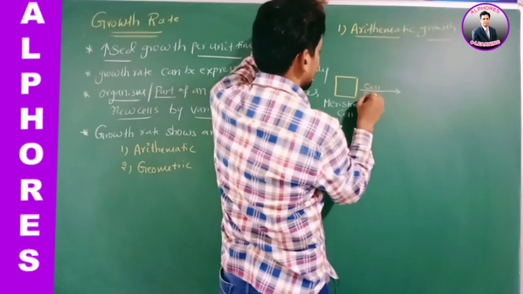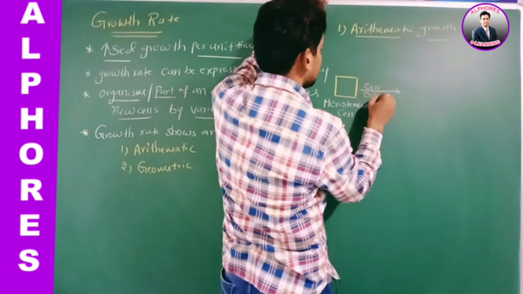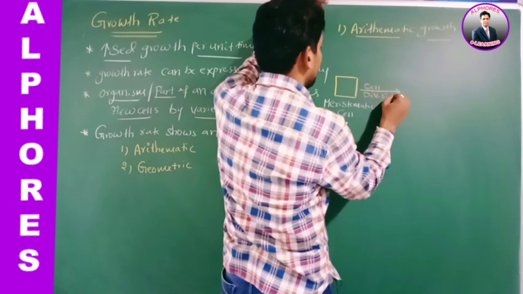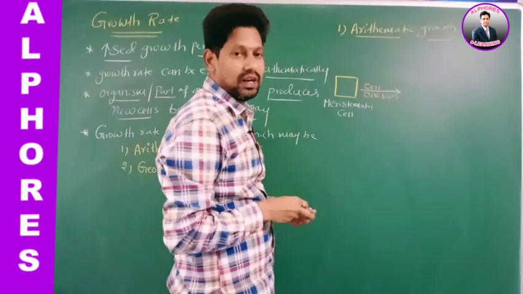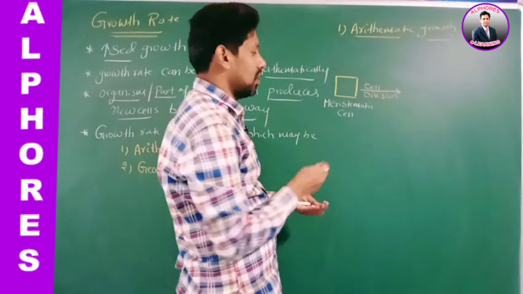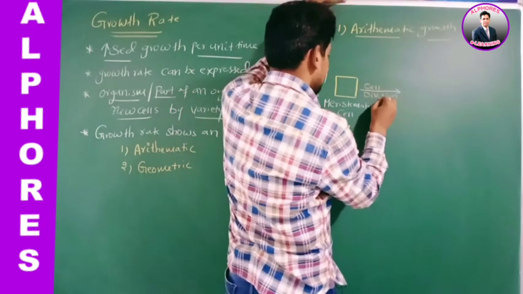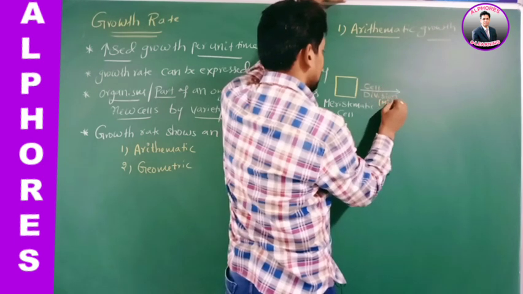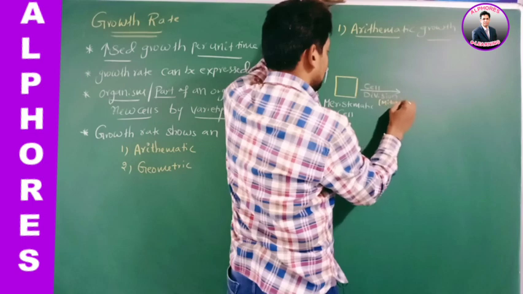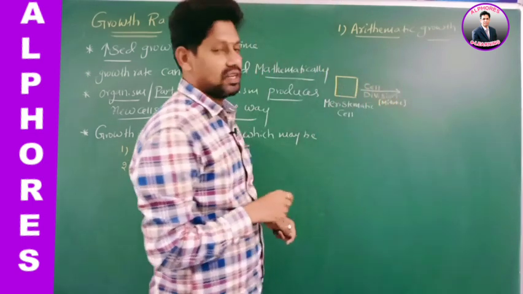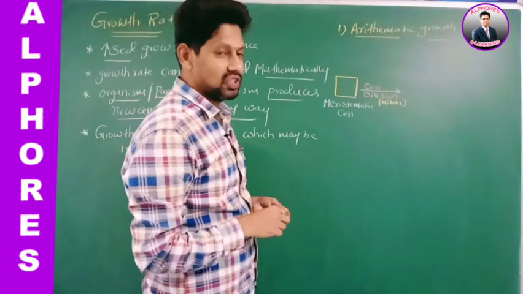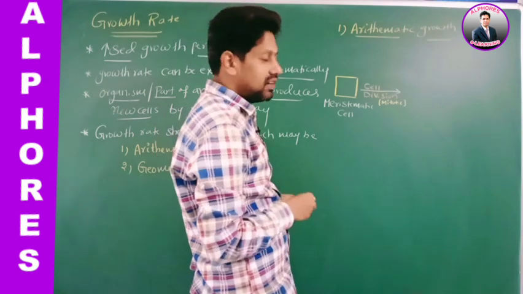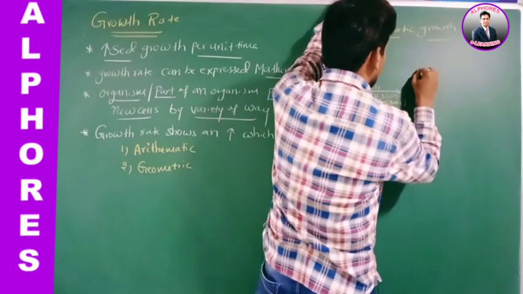If one meristematic cell undergoes one mitotic division, then how many daughter cells are obtained? Two daughter cells are obtained. Yes or no? It is undergoing mitotic division, so two daughter cells are obtained.